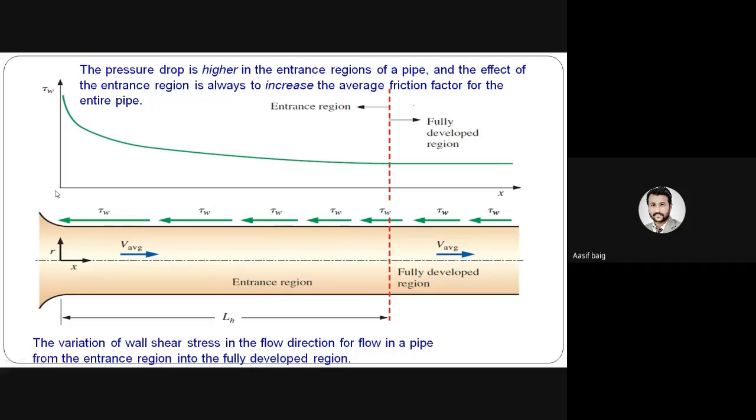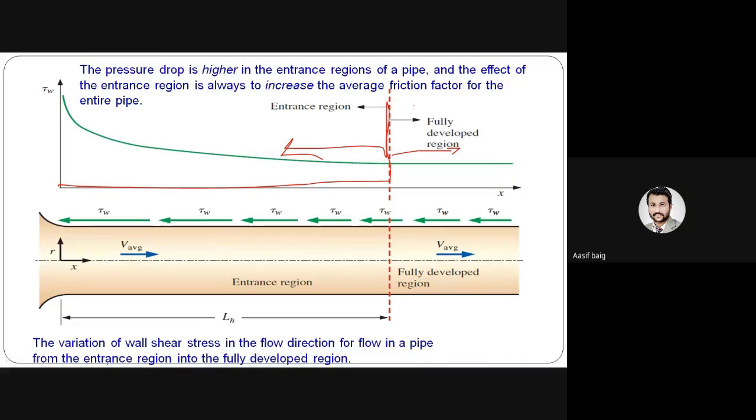Here you can see in the diagram, I'm just highlighting it. This is the entrance region. In the entrance region, we can see there is a higher drop in the pressure, before it settles in the fully developed region.